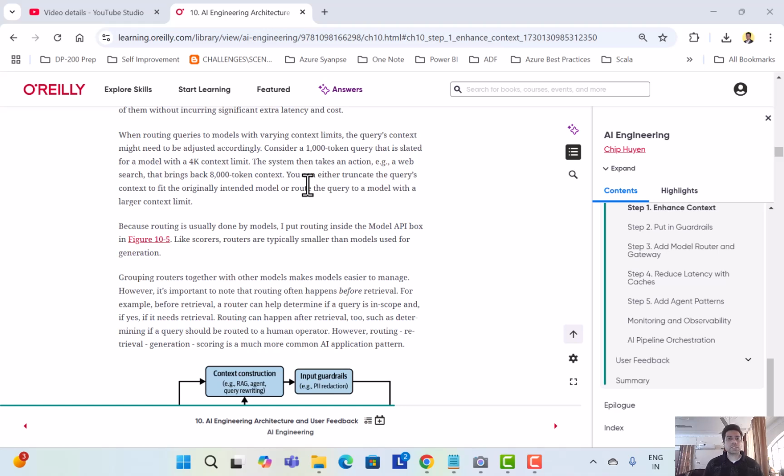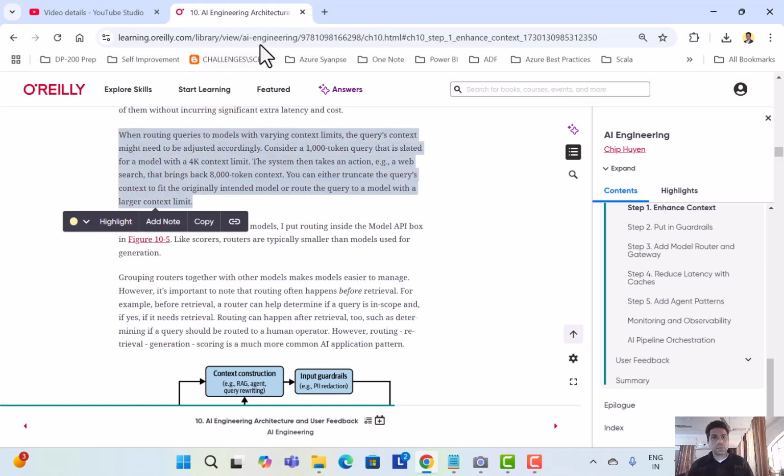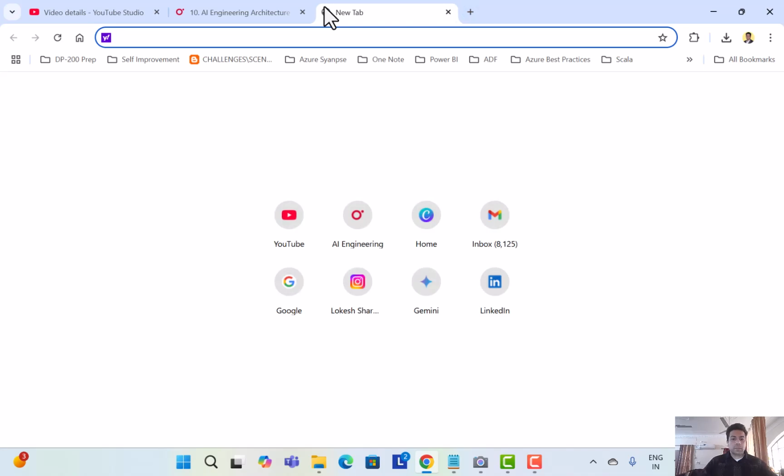So obviously this would be greater than 4K. In this case, the context would have to be truncated. So let me just Gemini this one. I think the input context limit is being talked about here, but let me check.